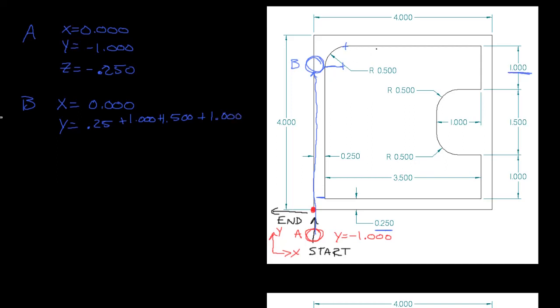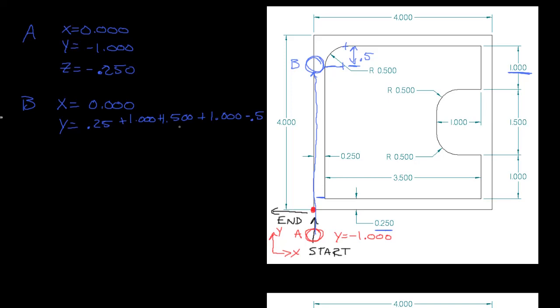And then I'm going to take away 0.5, because this radius here has a radius of 0.5, right? So I'll take away 0.5 inches. Okay, and so what I get here is 3.5.